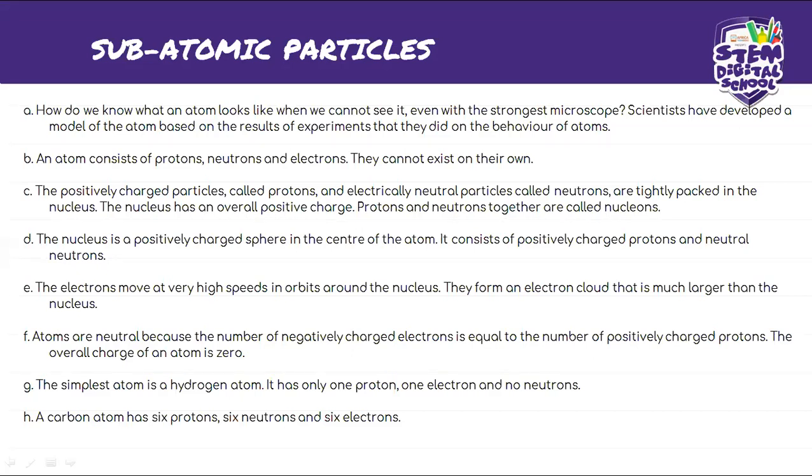Now, when they say the overall charge of an atom is zero, it means that the atom has not gained or lost. So that word I asked you whether you have seen before, IONS, means ions.